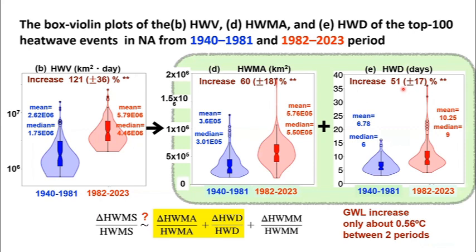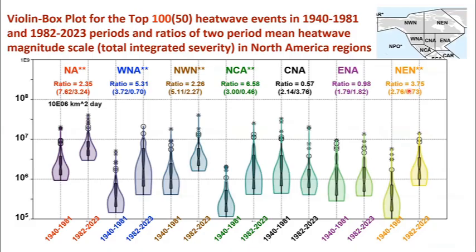And you can further, as I said, decompose this volume into area and duration, and about 60% is due to the mean area increase, and about 51% is due to duration increase. Okay, that's the sort of analysis you can do. Then you can also look at regional differences.